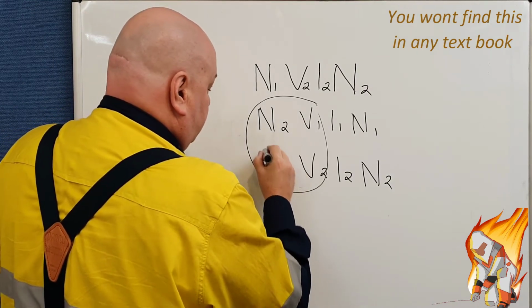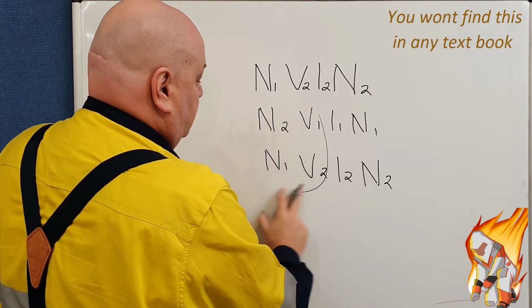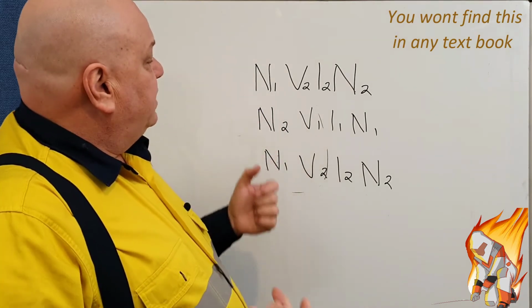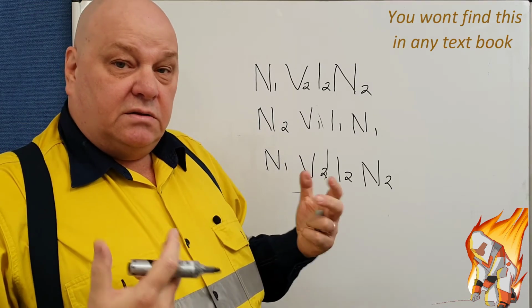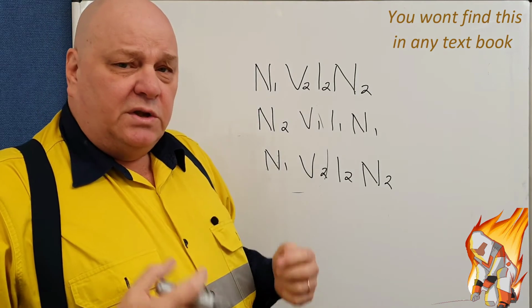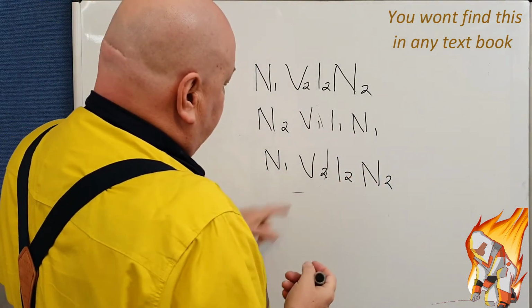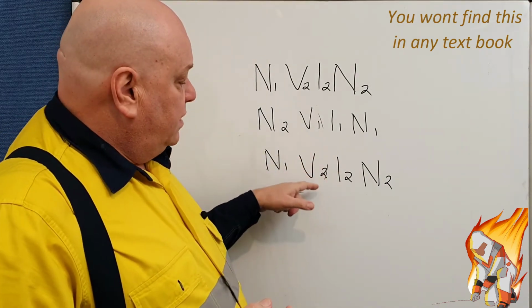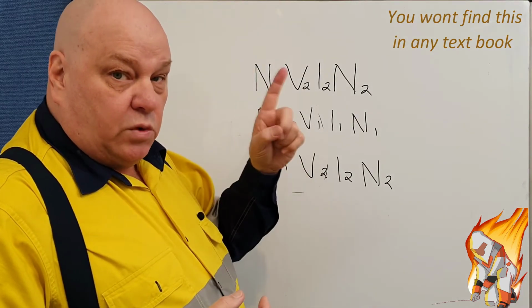What if you had, let's pick another one. Let's say you've got the voltage of the secondary and the current of the secondary, but you want to find out what's going to be the current on the primary. So in here, you've got voltage of the secondary here, current of the secondary here, but nothing underneath it. So you're going to divide it by one figure.